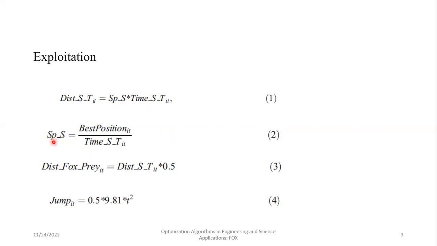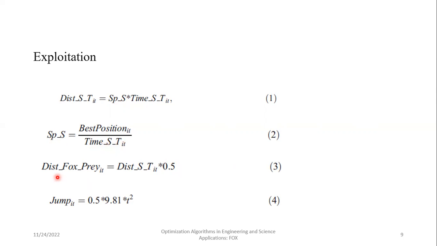As we said, the speed of sound could be a value of 343, but we use a different method to find it, which is equal to best fox position over time sound travels.